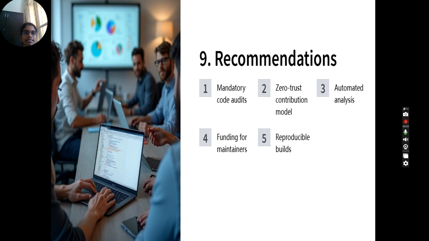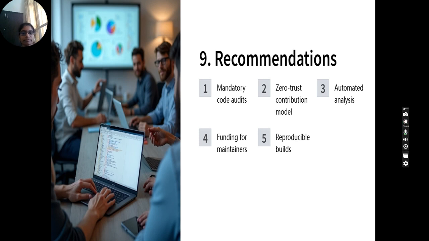Automated security analysis tools should be part of the build pipeline. Open source maintenance must be supported with funding and resources. Reproducible builds should be enforced to detect unauthorized build time changes. Organizations should continuously verify the integrity of their dependencies. These steps can greatly reduce supply chain security risks.